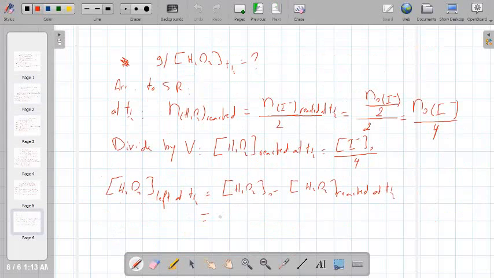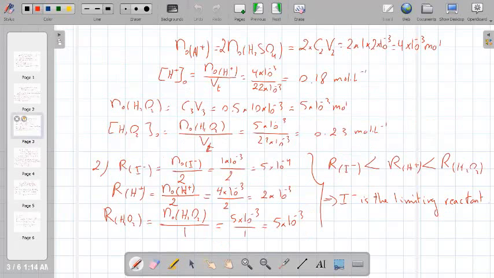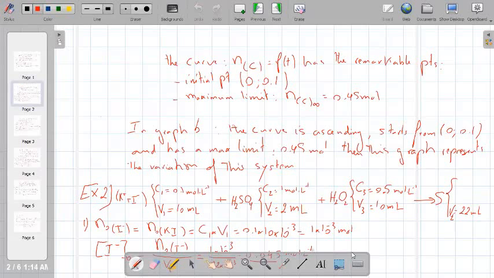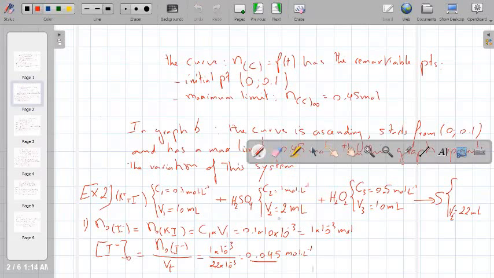So the concentration of H2O2 reacted is the initial concentration of I minus over 4. Before putting in numbers, we keep it as the initial concentration, and at the end we plug in the numbers. So we have the relation, and now we put in the numbers: 0.23, and I minus initially 0.045.